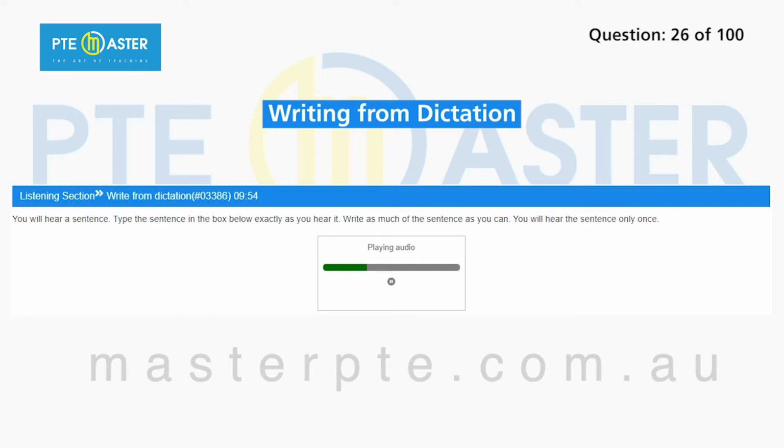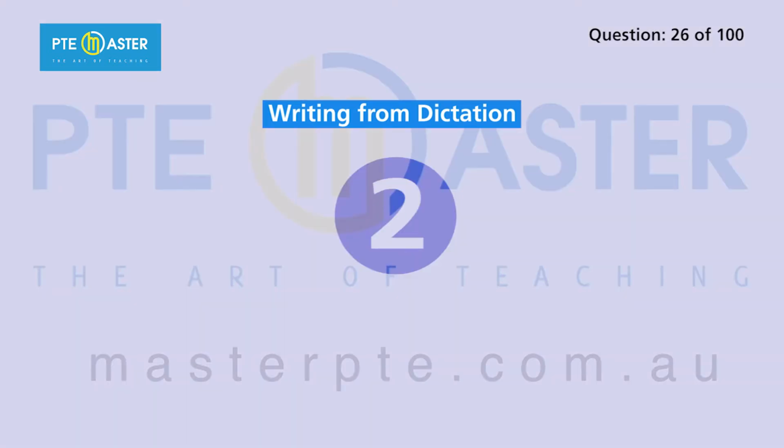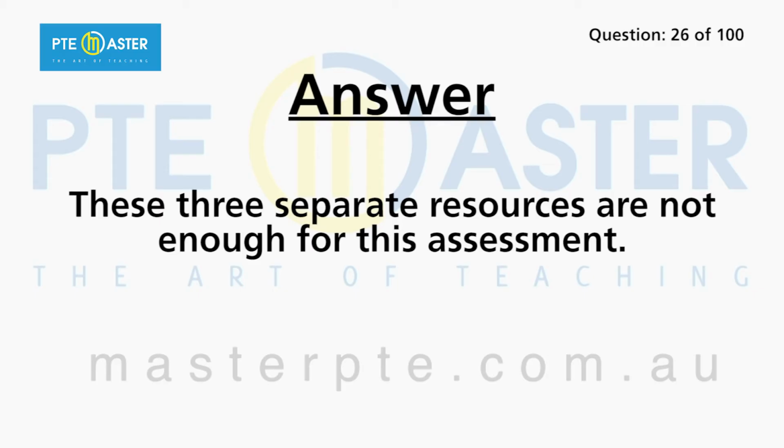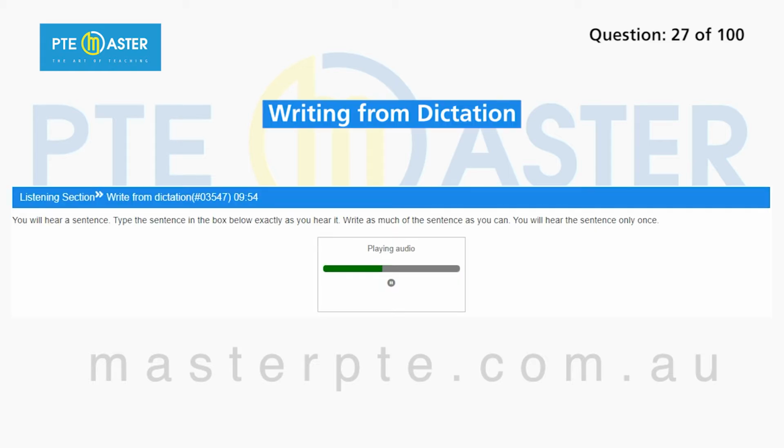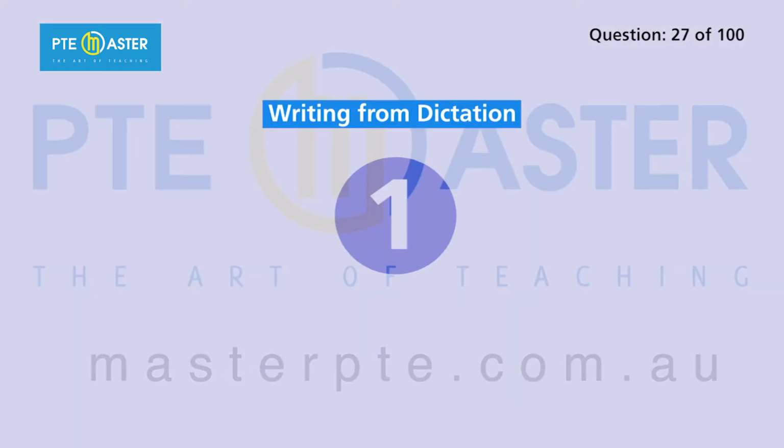These three separate resources are not enough for this assessment. When the roots of a plant failed, foliage suffers.